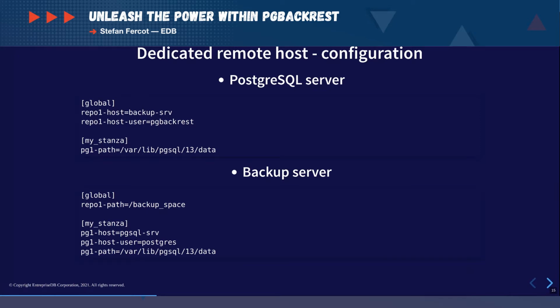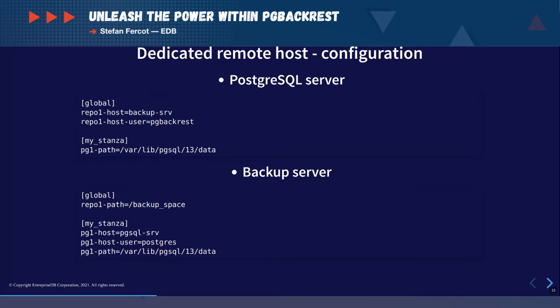On your dedicated backup server, same thing. Global part is where do I store my backups? Here I just simply defined a local endpoint named backup space, but it could be on an S3 storage. It could be any storage you want, any storage type that we've just seen. And then the Stanza section.